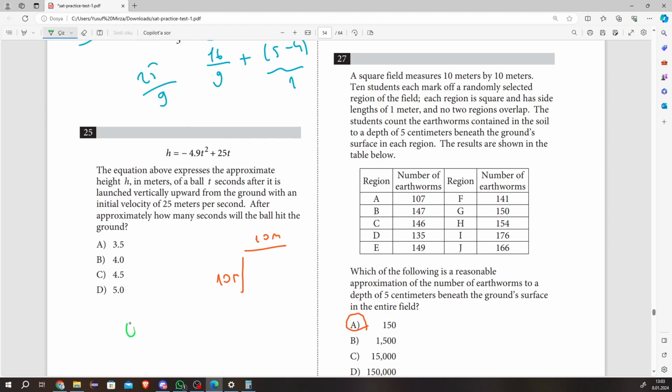So H is 0, and we have 25T minus 4.9 T to the power of 2. So it's 0, and yeah, it's like 5T. We are looking for approximately. So 25T equals to, if you throw it here, you can find T equals to 5.